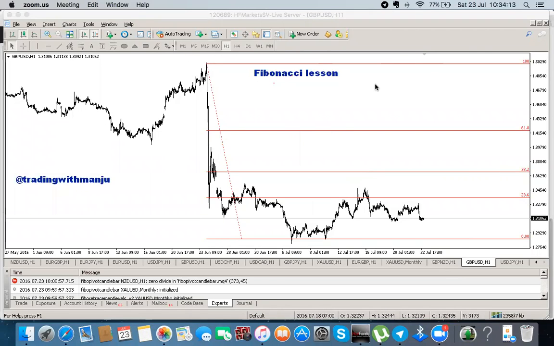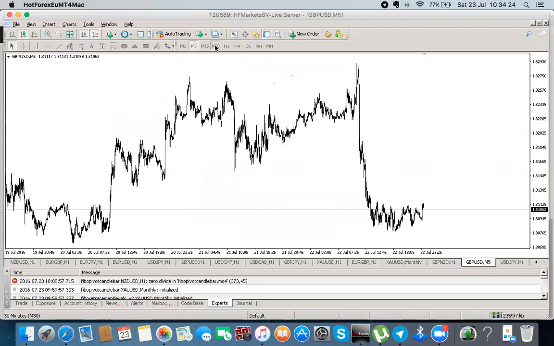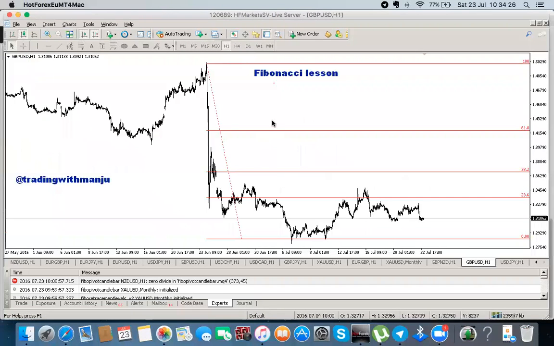Okay, guys, ask me a question about what we learned right now, how to draw Fibonacci's. If you have any questions about drawing the Fibonacci's on any time frame, any chart. From the 0 to the 23.6, when do you know that it's going to spike up to the 38.2 ratio? On the pound versus US dollars?